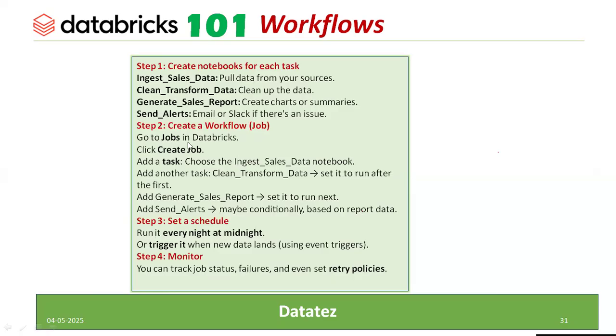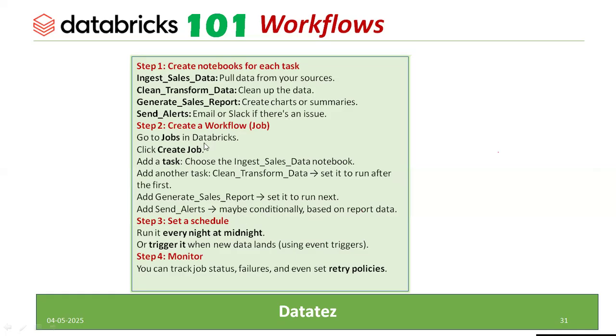We can navigate to the workflow menu, where some UI options will be there, and we can add these different notebooks as different tasks of our entire flow, which needs to get executed one after the other. Once you set that up, you can schedule the entire flow so that every night at midnight it gets executed.